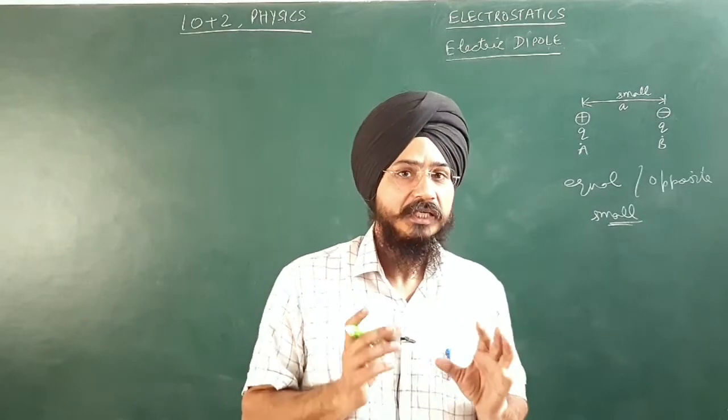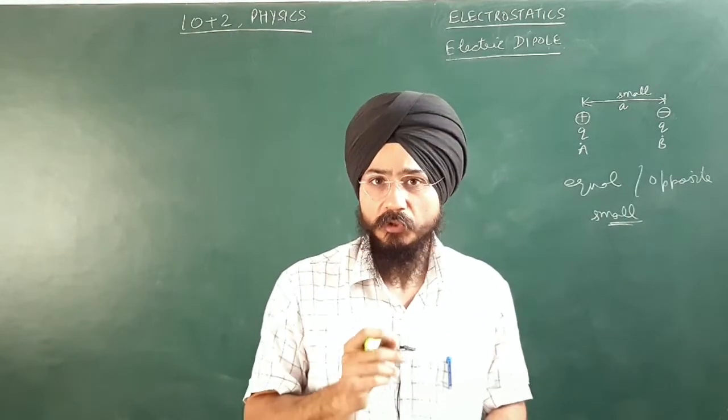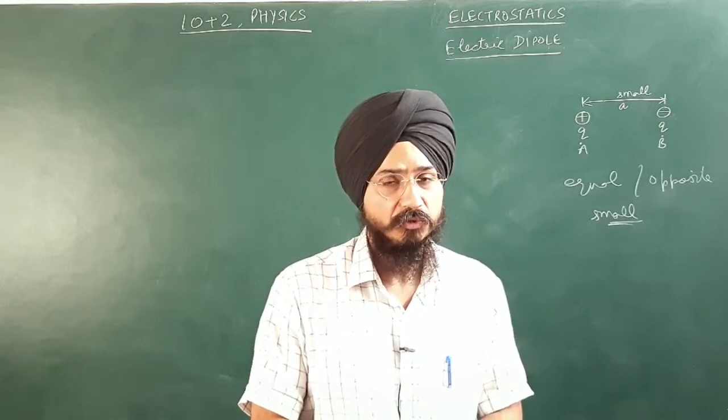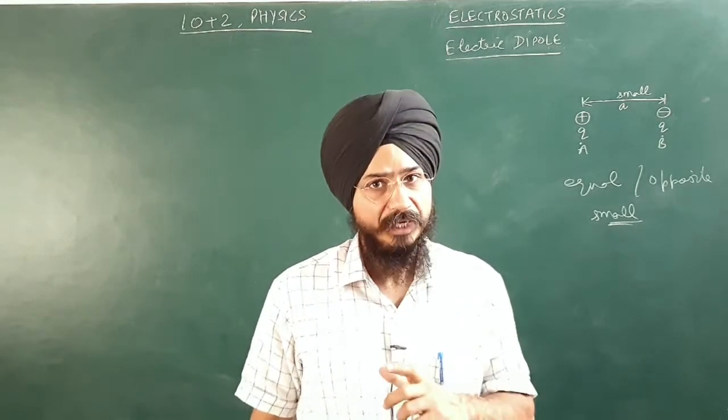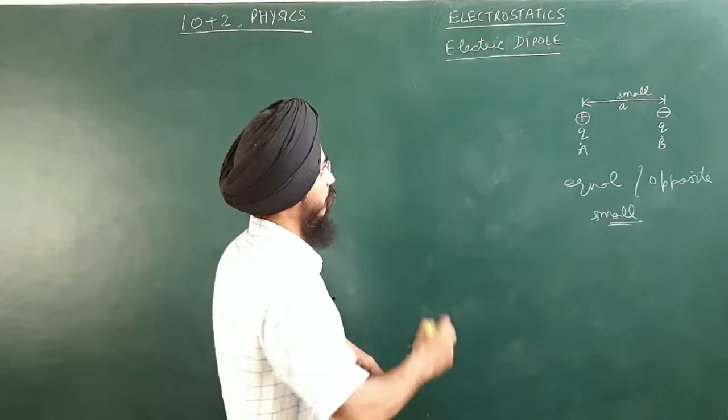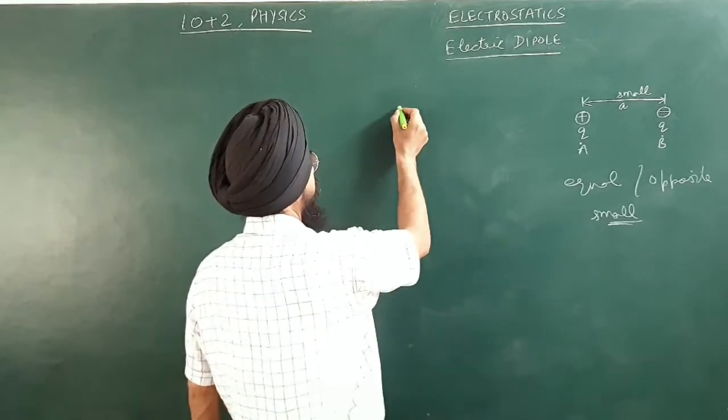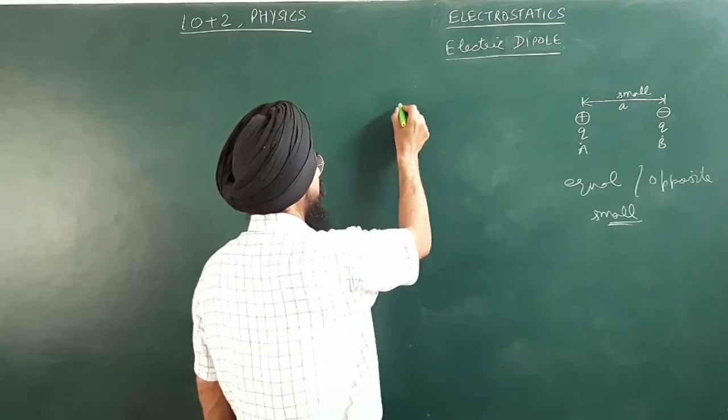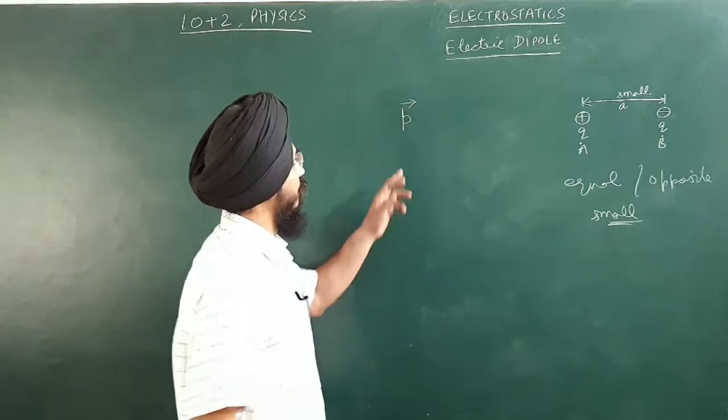Now what is its significance? To know its significance, we need to know its electric dipole moment. So what is electric dipole moment? Electric dipole moment is a quantity which is represented by small p, and it is a vector quantity.